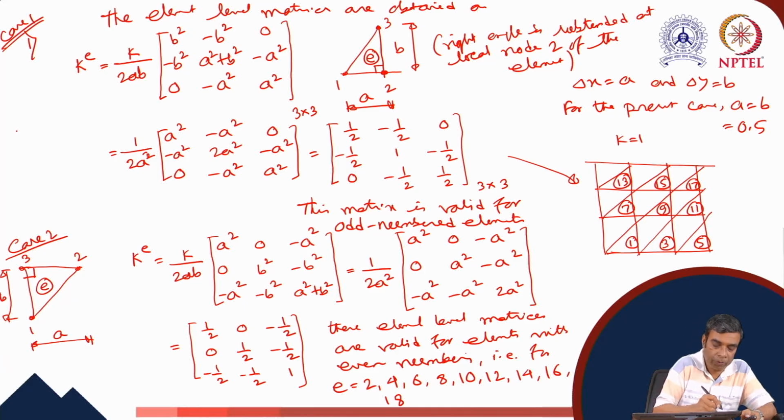So the earlier one was valid for E equals 1, 3, 5, 7, 9, 11, 13, 15 and 17.